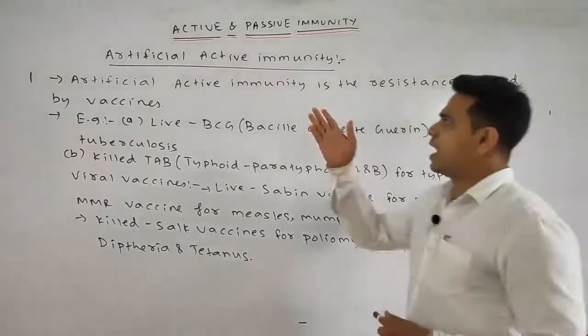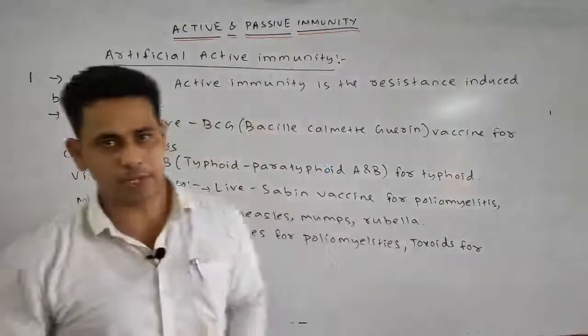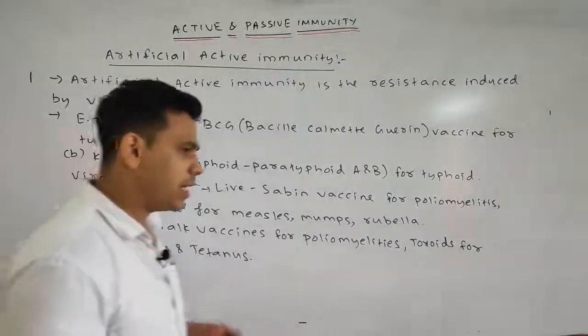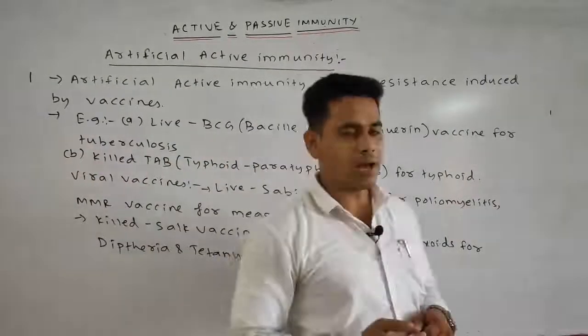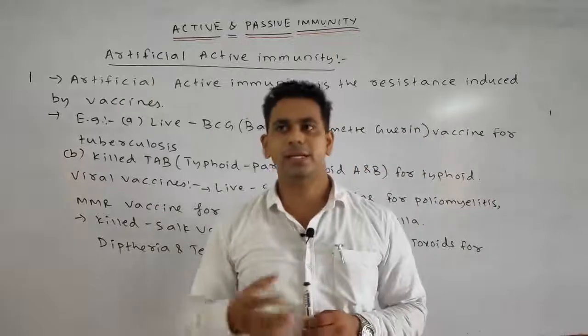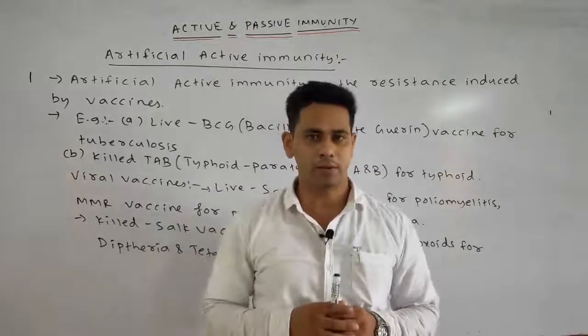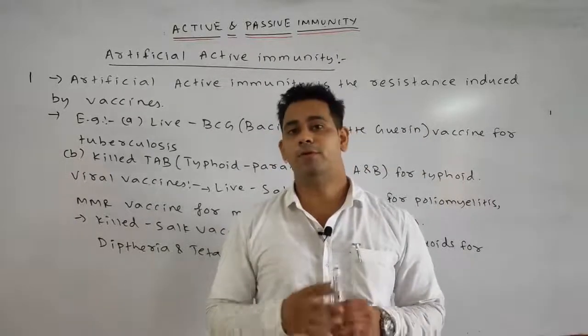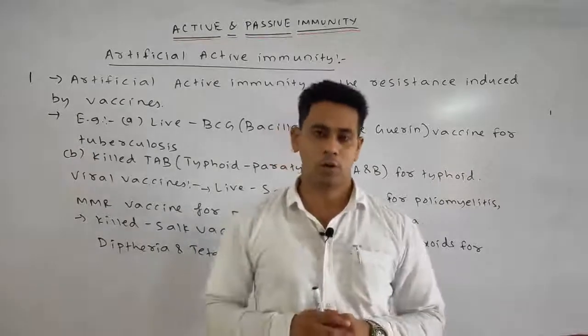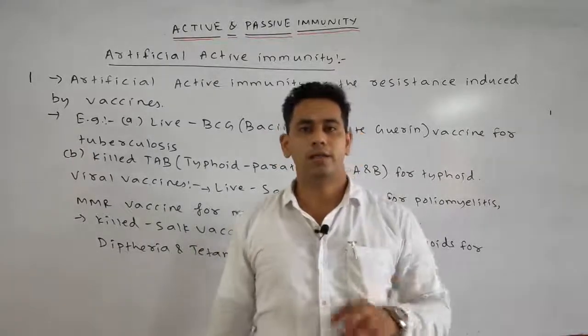Now come to your artificial active immunity. What is artificial active immunity? It is developed inside the body with the help of various vaccines, or we can say it is induced by the vaccine.